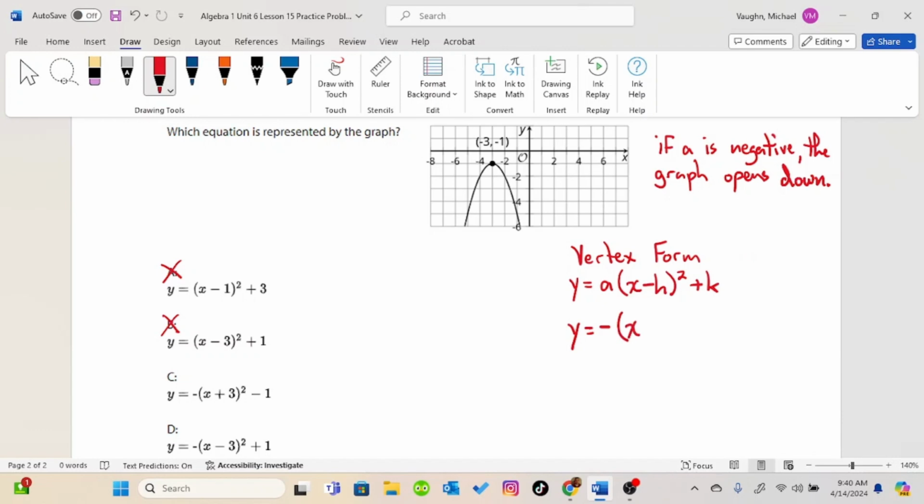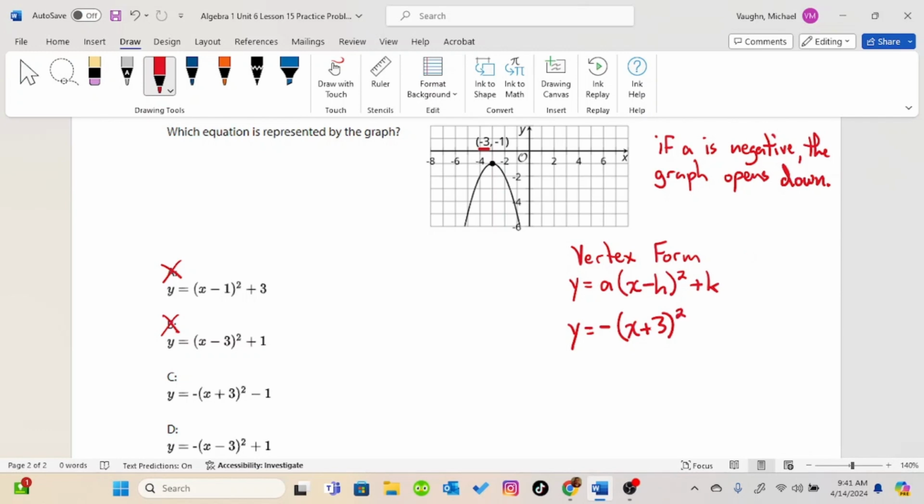Now I need minus H. And we can see right here H is negative 3. So minus negative 3 becomes plus 3.